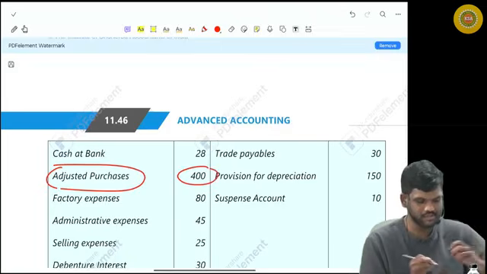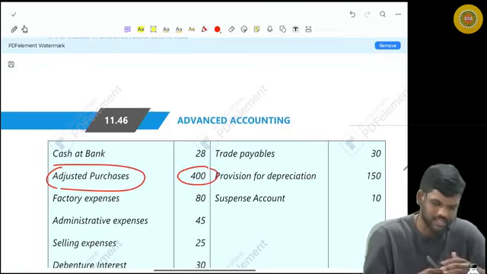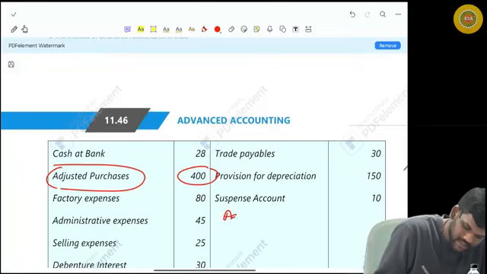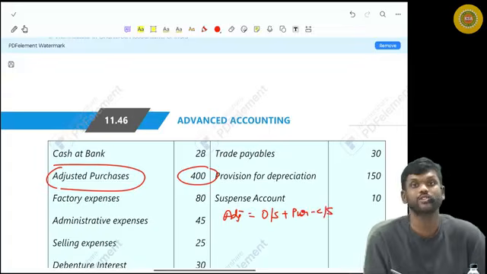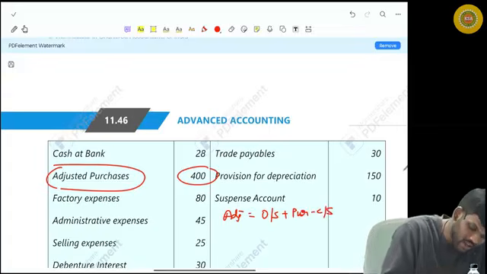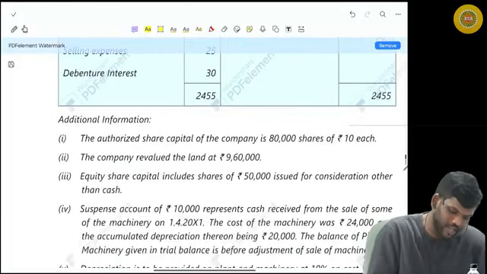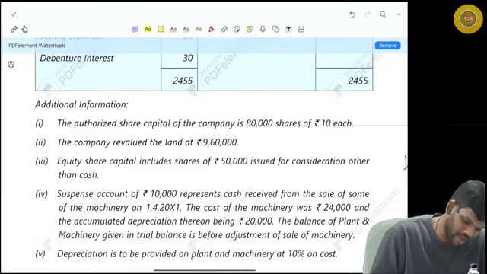In your trial balance there will be something called adjusted purchases. Sir, what is the meaning of this? What is this adjusted purchases? Remember, guys, adjusted purchases means opening stock plus purchases minus closing stock. So what they have given to you in the trial balance itself is after subtracting closing stock. Ensure that you are aware of that.